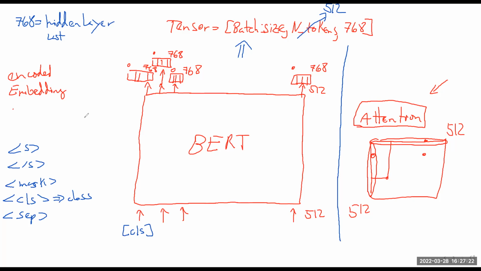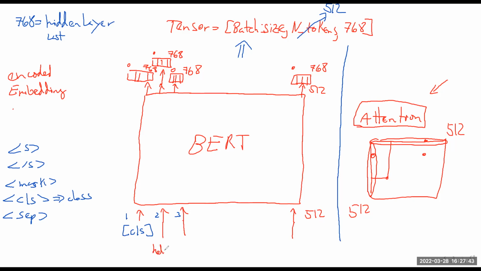So here in this example, this is 1, 2, 3, all the way to 512. In the first position, we give it CLS, the class, then we give it the words.